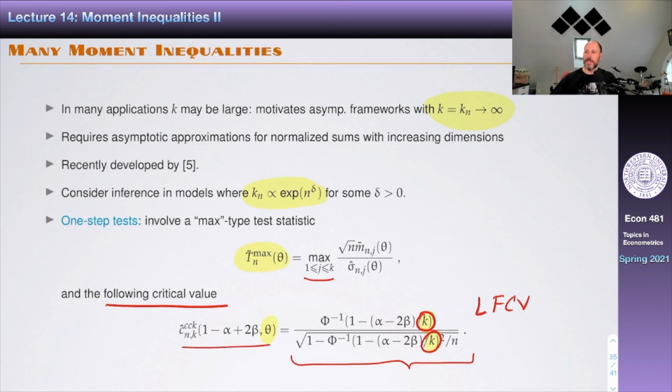Hidden here you have that. But as opposed to the least favorable critical value that we showed before, there's evidence that this critical value is a lot less conservative. The approximation is different, so it's a different type of approximation, and it could be that it's a tighter approximation.